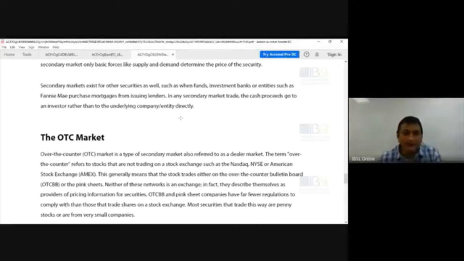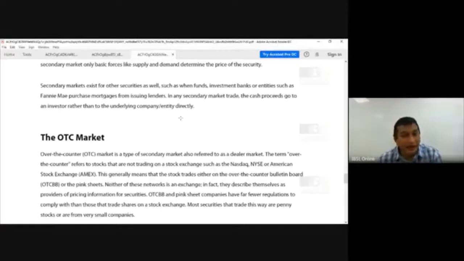So OTC is over the counter. Okay, it's a secondary market, right? It could be a primary market also, but then it's a placement arrangement. So over the counter refers to the assets that are not trading on exchanges, right?